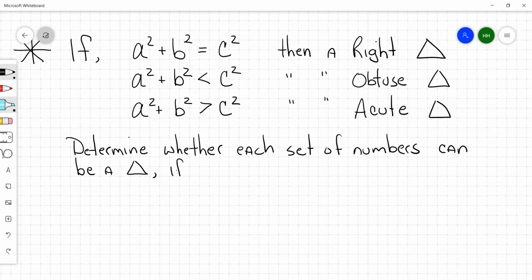If so, classify. Here's what that means. If you're given, determine whether each set of numbers can be a triangle. If so, classify. Let's clean that up a little bit. Let's say classify as right, acute, or obtuse.